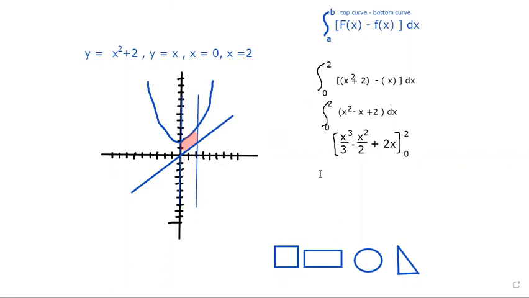So we have 2 cubed over 3 minus 2 squared over 2 plus 2 times 2. Let's put everything back in.